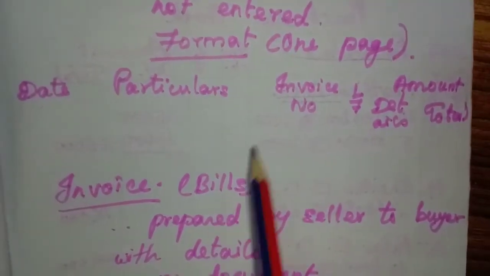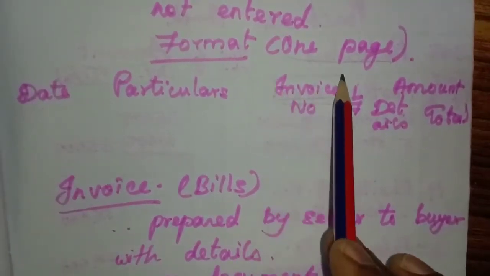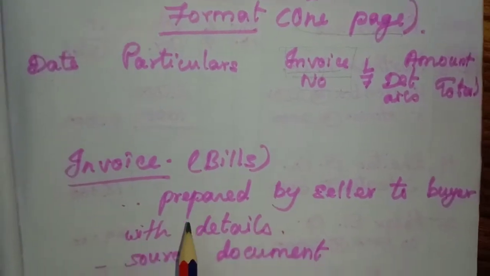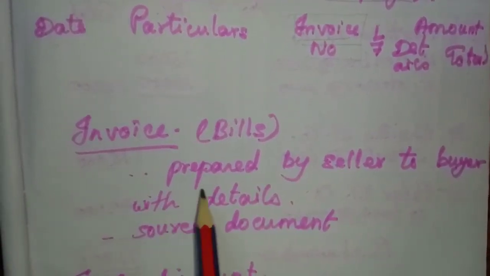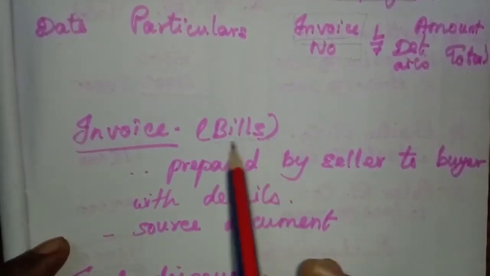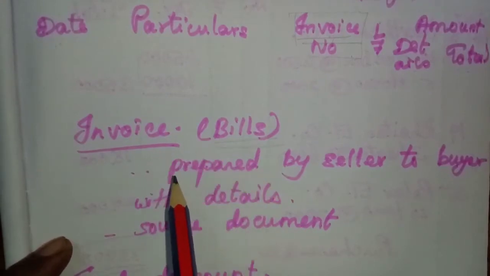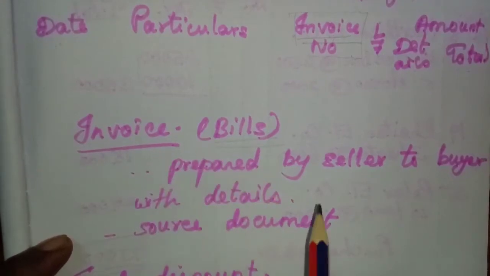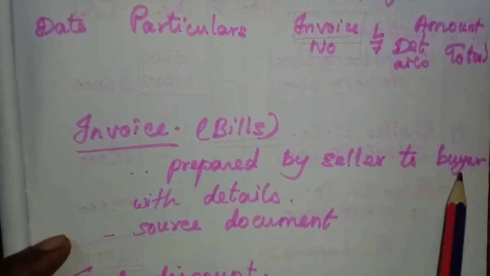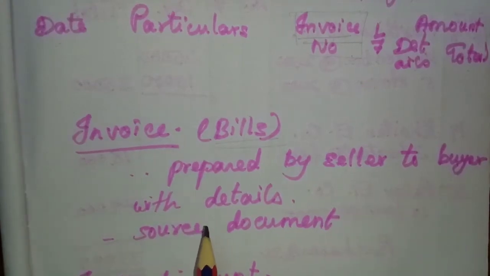Now let us learn about the invoice. What is an invoice? We call it, in short, a bill or a statement. Who will prepare this invoice? It is prepared by the seller to the buyer with all the details of the products that they purchase.